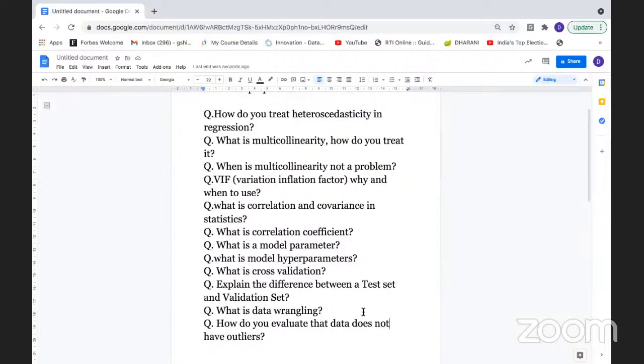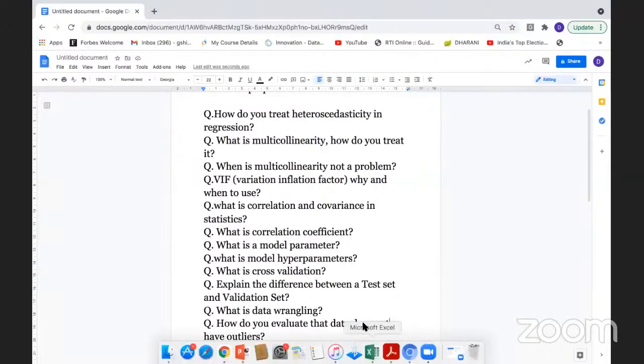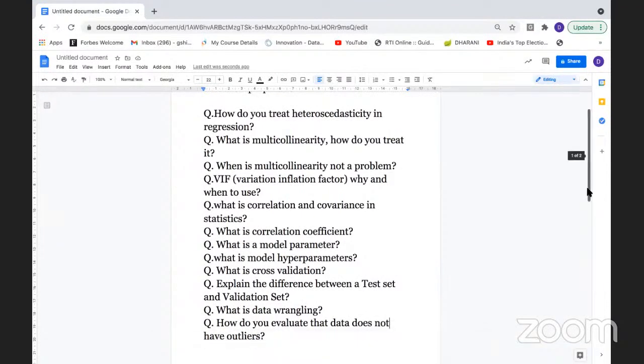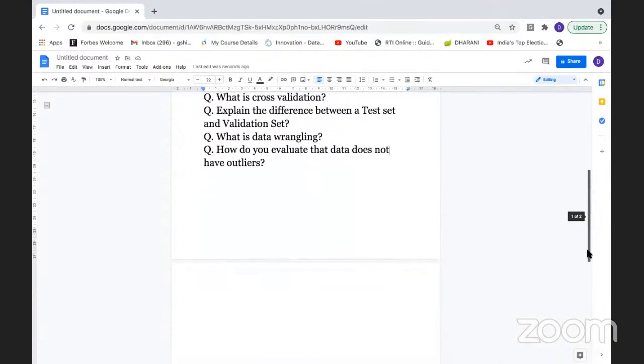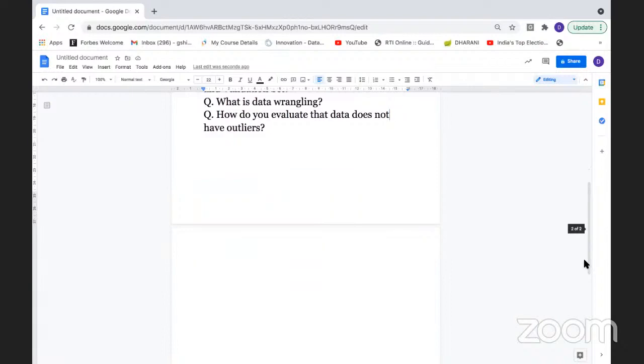So we know that as a part of pre-processing, the outlier concept is where we spend a lot of time, right? Outliers are the data points that don't belong to a certain population.